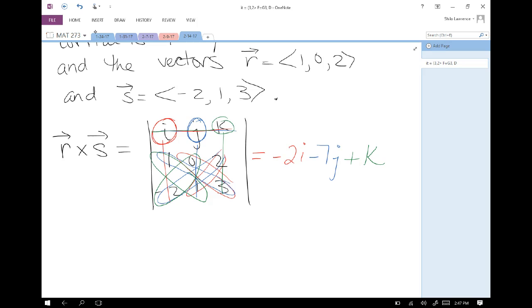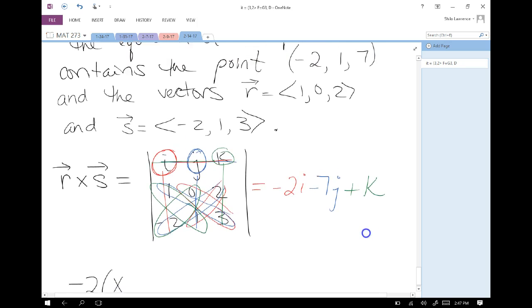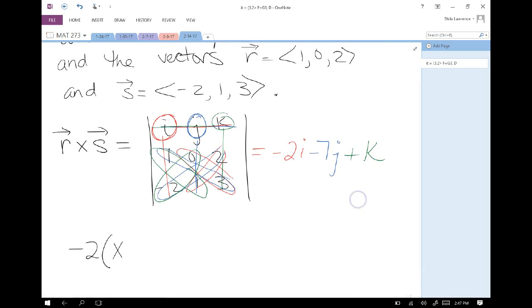So I'm not going to set up all that dot product stuff. I'm going to go straight to the format. So those direction numbers give me my coefficients. And inside the parentheses, I'm going to do the variable minus the point. So the direction number for x is negative 2, and then x minus our x coordinate, which is negative 2, so x minus a negative 2.